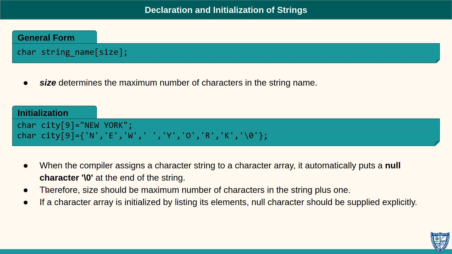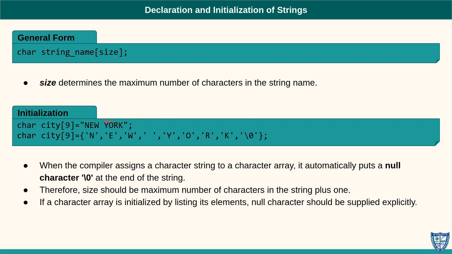One more thing you need to notice is that the size should be the maximum number of characters in the string plus 1. So you might be thinking that New York has 8 letters here, including the space, but if we put 8 here, it will create an error because C will put a null character at the end, so we need a space for that too.